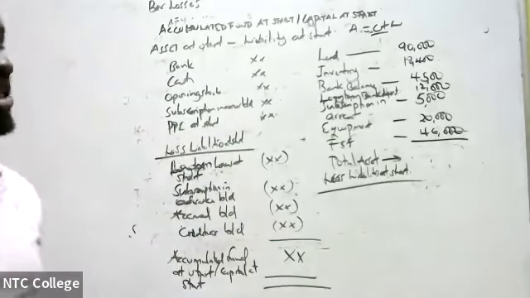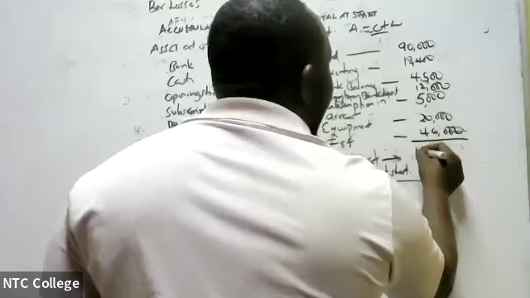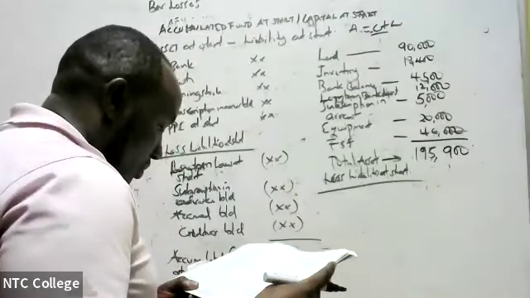What is that figure? You just add that 12,000, giving 195,900. So liability at start.